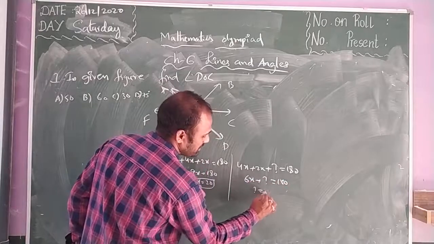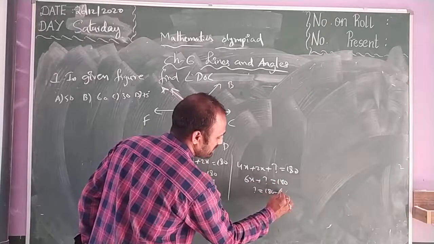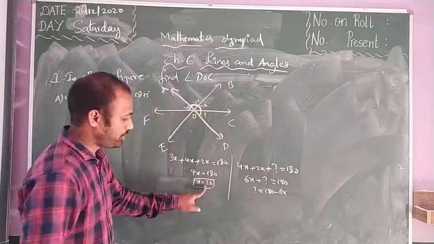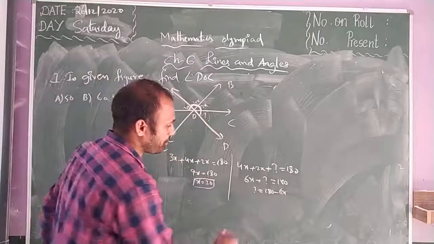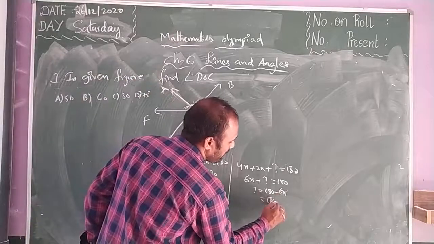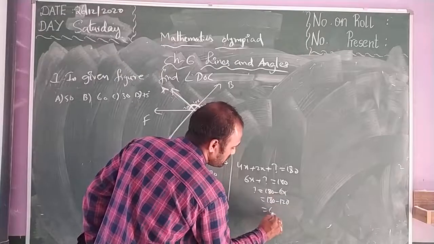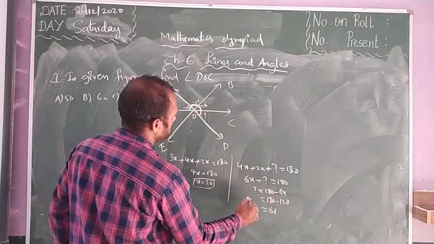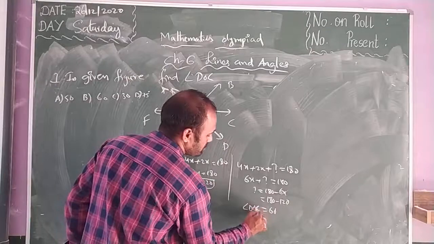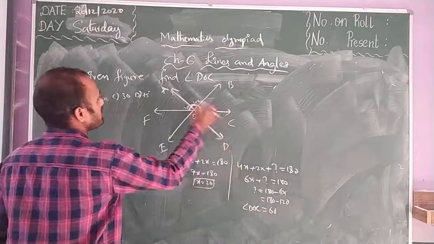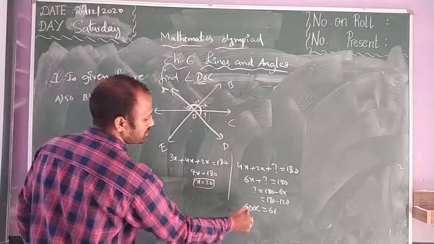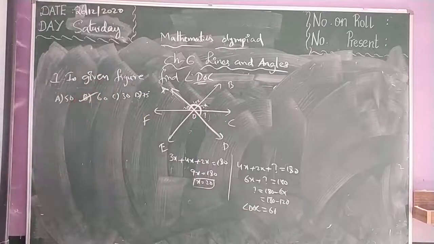So question mark is equal to 180 minus 6x. The x value is 20, 6 into 20 is 120, so 180 minus 120 is 60 degrees. The question mark is angle DOC, so the answer is 60 degrees, option D is correct.